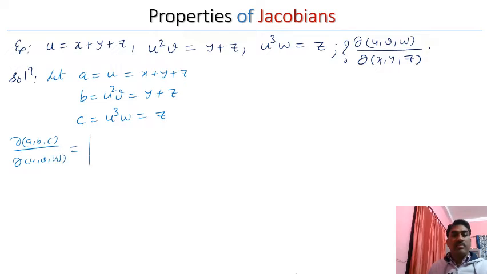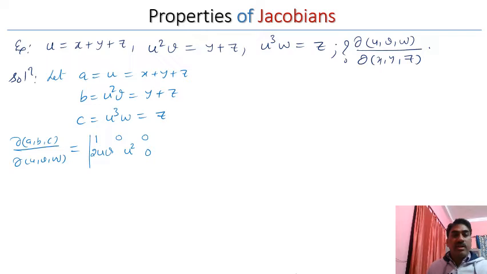So what is this? Del a by del u is equal to 1, del a by del v is 0, del a by del w is 0. Then del b by del u is equal to 2uv. Del b by del v is equal to u square, and del b by del w is 0.